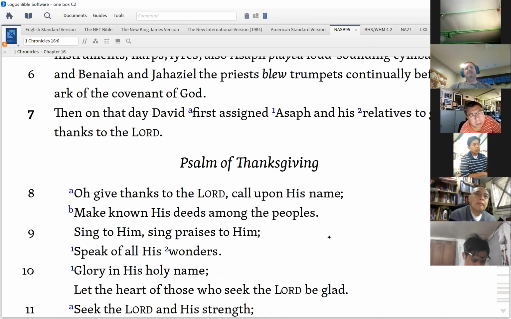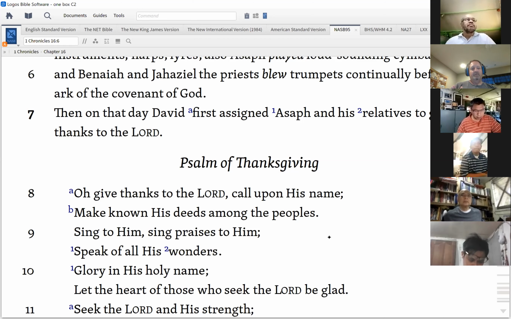Yeah, that was my first inclination when reading this, but when I studied the passage, here he just assigns Asaph to give thanks to the Lord, and I think verses 8 and following are this prescribed song that he gave Asaph to sing in thanks to the Lord. But I'm not going to die on that hill, but I think this particular 1 Chronicles 16 was a poem that David put together for Asaph to lead the people in giving thanks to the Lord.